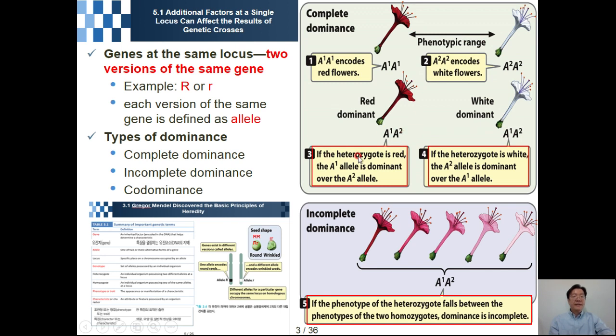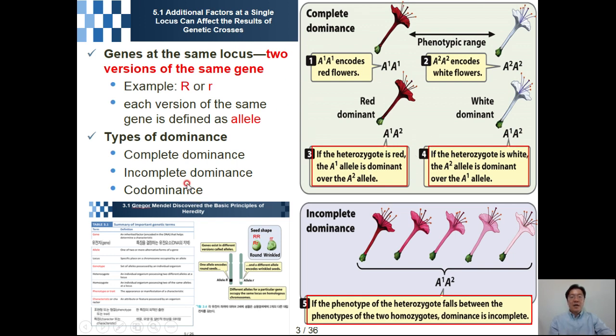If the heterozygote is red, it means the A1 allele is dominant over the A2 allele. If the heterozygote is white, the A2 allele is dominant over the A1 allele. This is the complete dominance example we already learned.